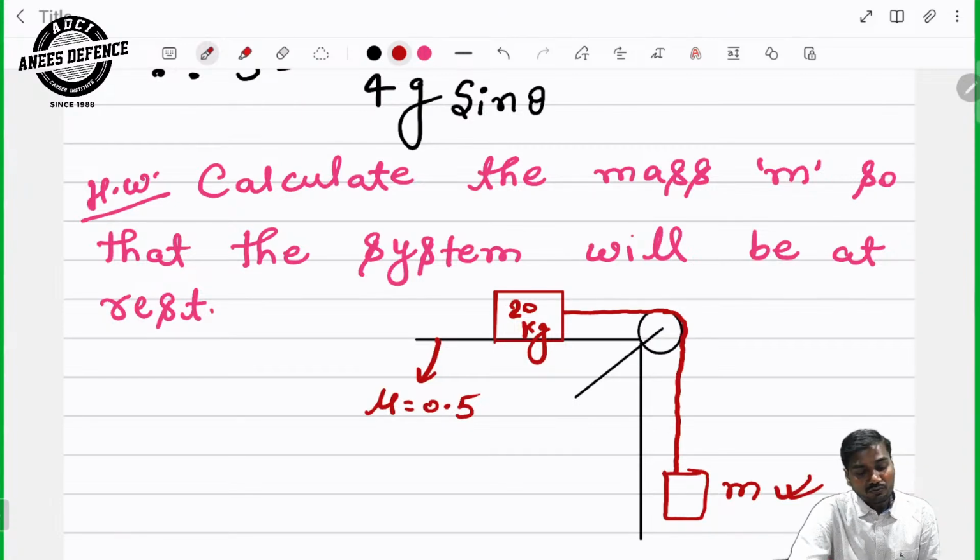How can you calculate friction force? Mu into N, and N is nothing but mg, but you have to take the 20 kg mass.